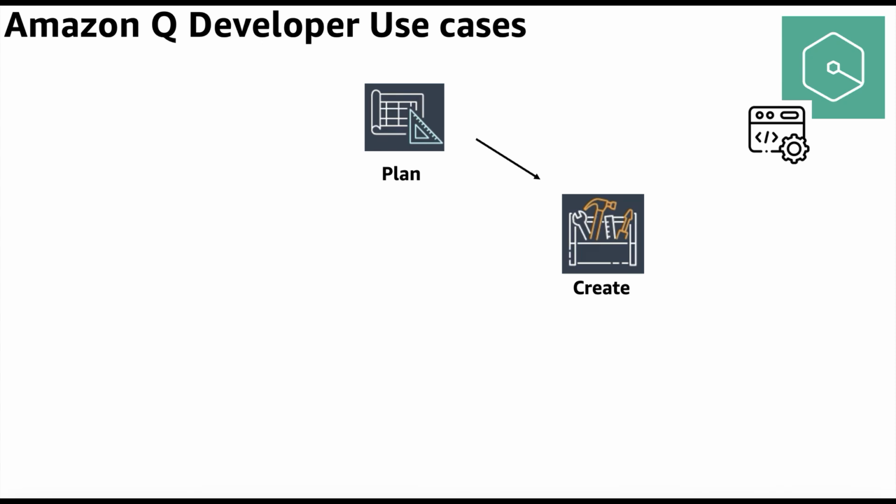You can collaborate with Q Developer to review and iterate on the implementation, and when ready, you can ask Q Developer to help implement each step. You can also customize Q Developer to reference internal repositories to make coding suggestions more relevant to your organization.